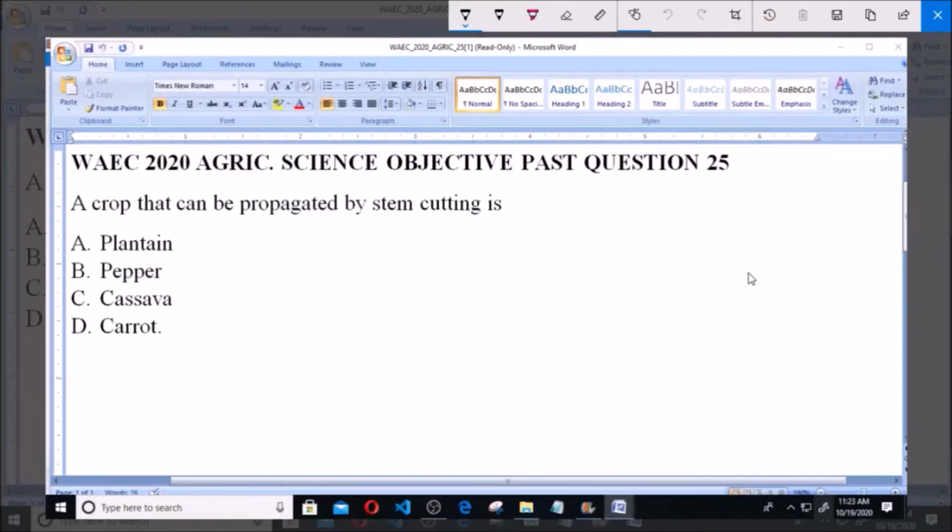A crop that can be propagated by stem cutting is A. Plantain, B. Pepper, C. Cassava, D. Carrot.